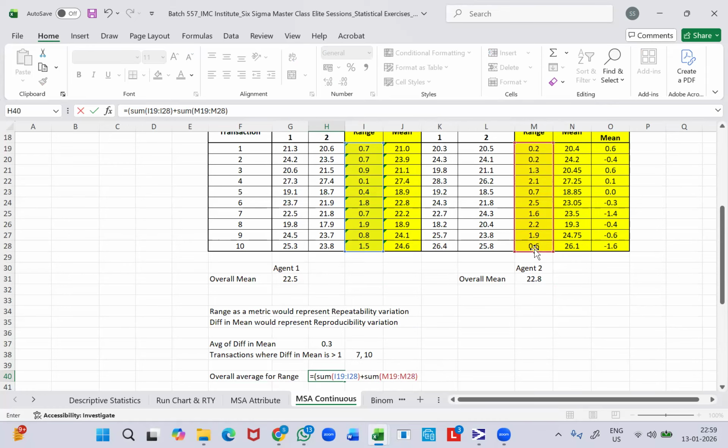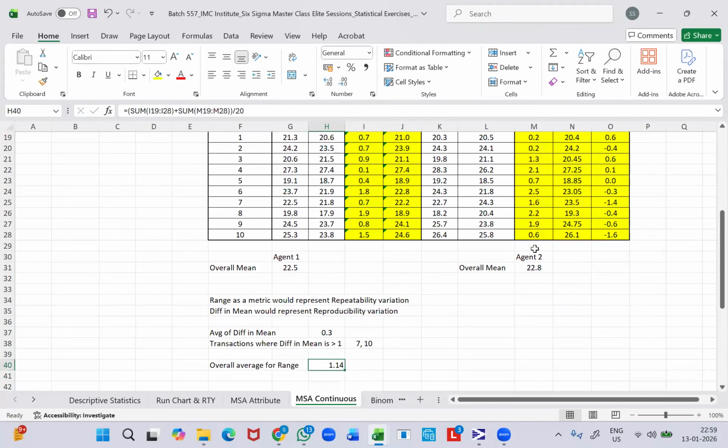So how many range values have we considered? 10 for agent 1, 10 for agent 2. So a total of 20 range values. For calculating the average, in the denominator I will have 20. So the overall average for range comes out as 1.14.